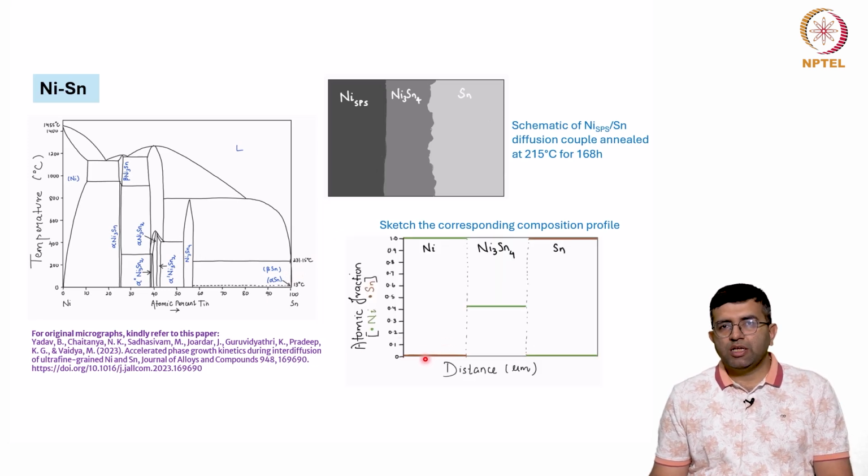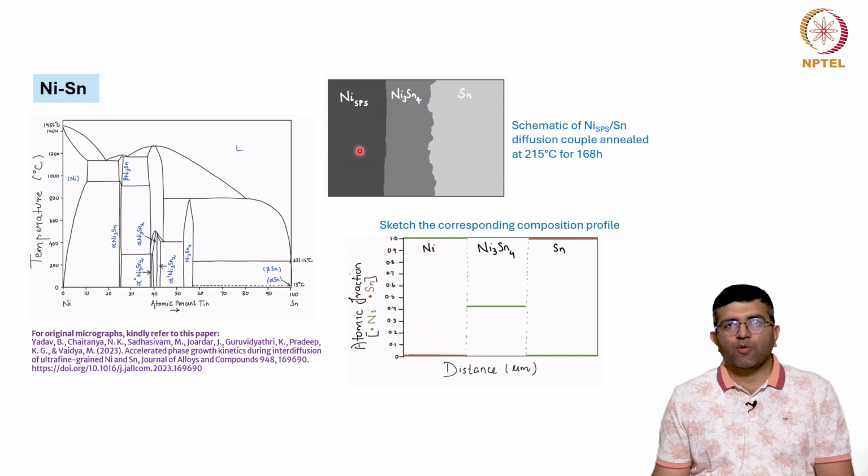Let us see the tin profile, which is here in the brown color; nickel is in the green color. In the initial region you have only nickel, pure nickel, therefore the concentration of tin is 0. Then since we have only Ni3Sn4 formed in this region, you have a jump in the composition profile.